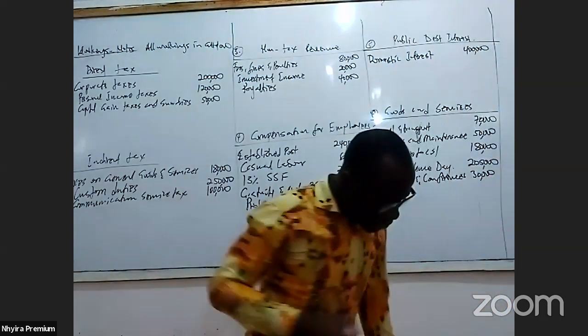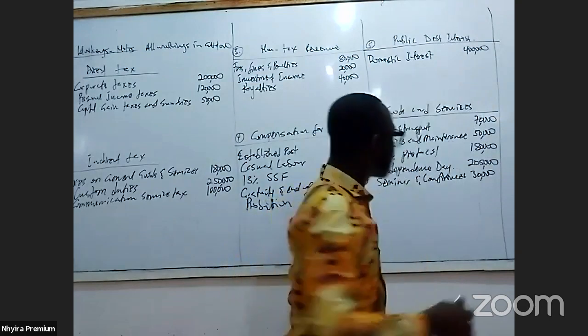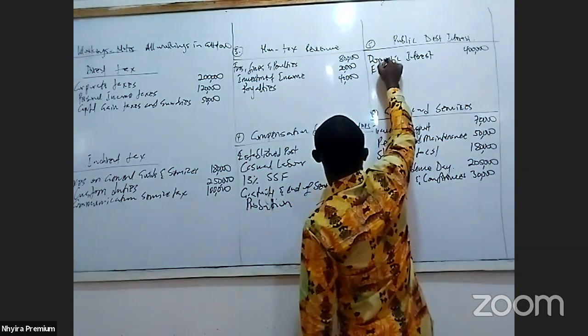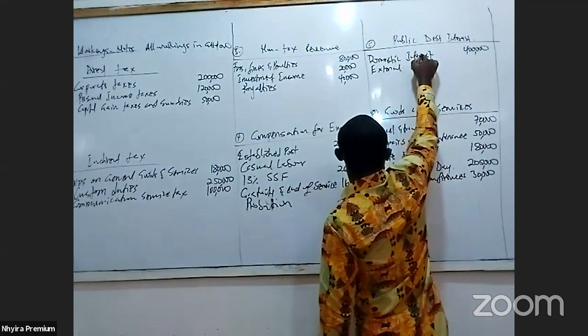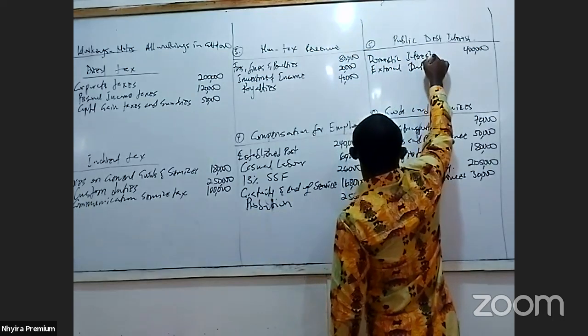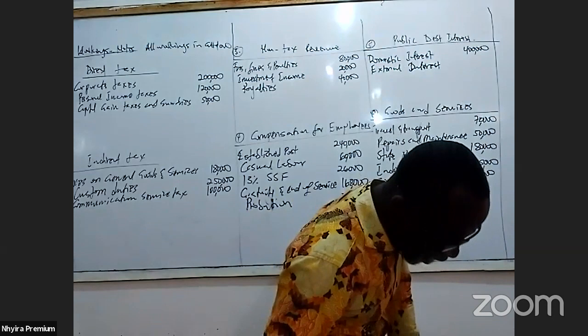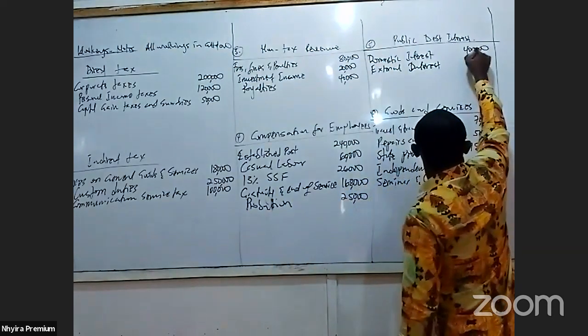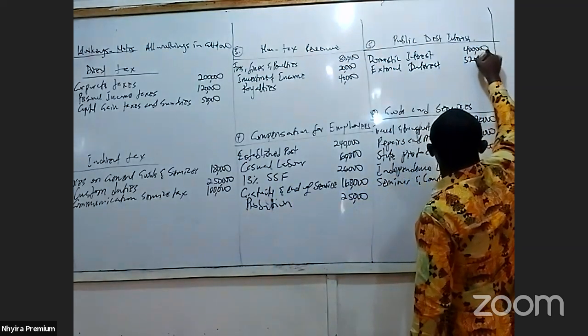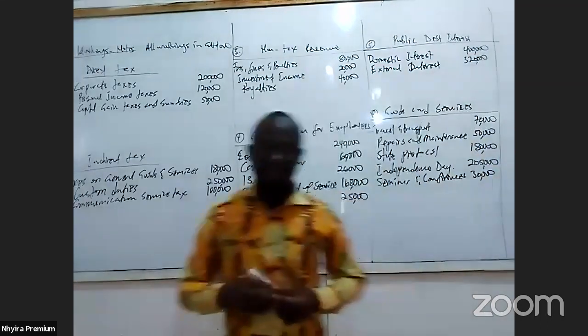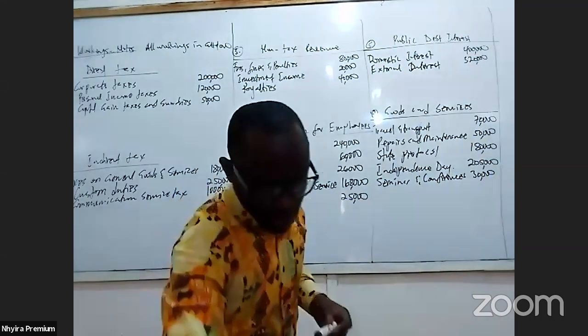And then we have the external debt interest. That is 520,000. All right, sweet, simple, straight to the point.